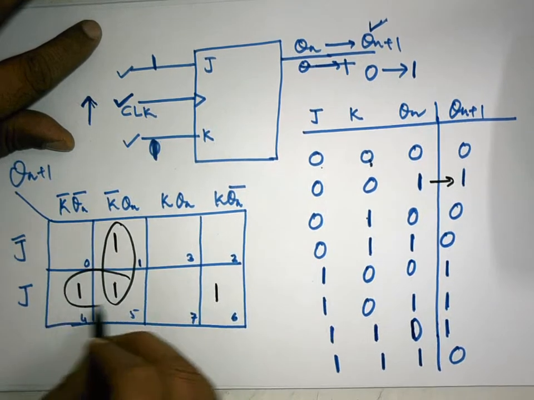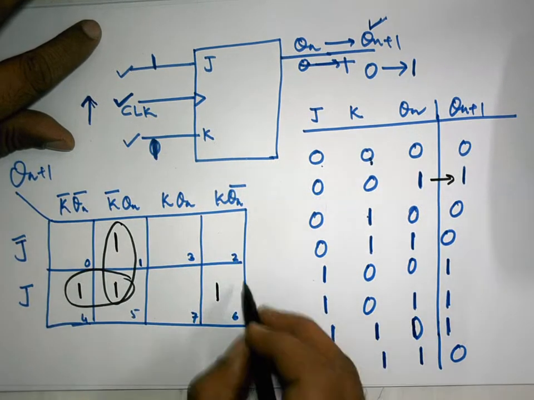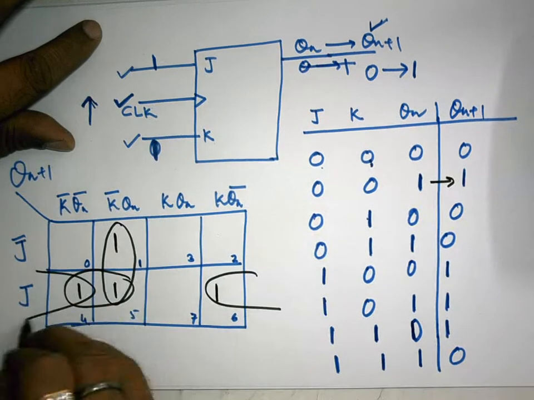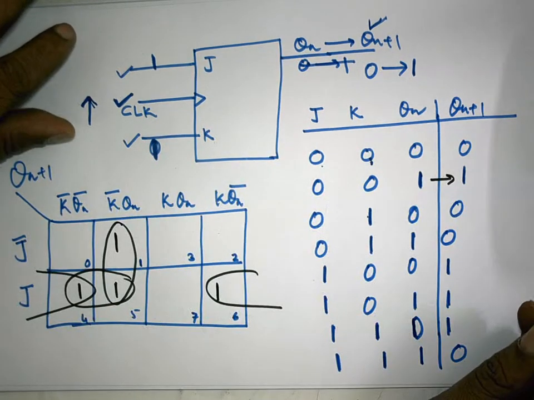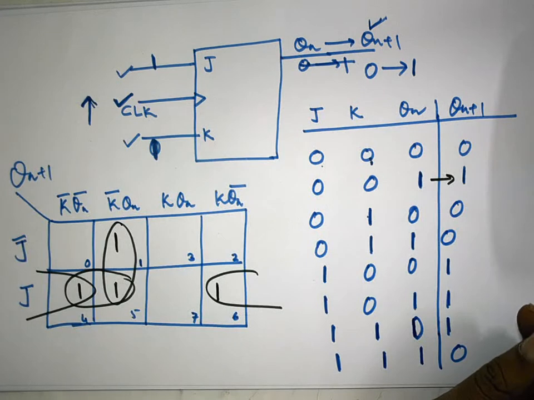One group is this, one group is this, and one group is this. Am I right? Correct or something wrong? You tell me.